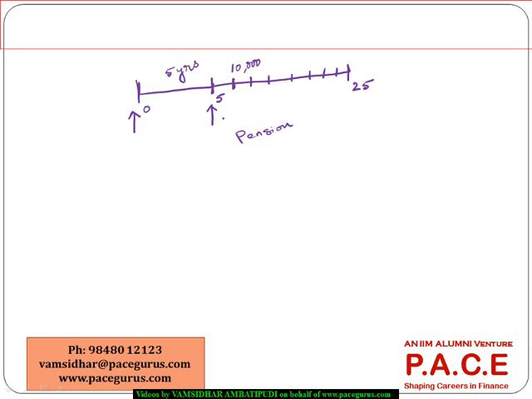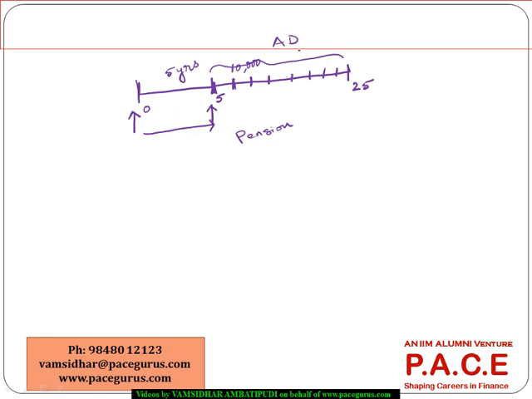So what is happening is, if I shift myself from here to here, it looks as if it is an annuity due. The first payment happening immediately, and the other payments happening later.